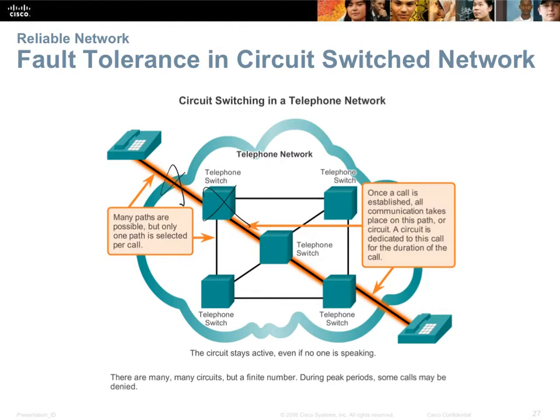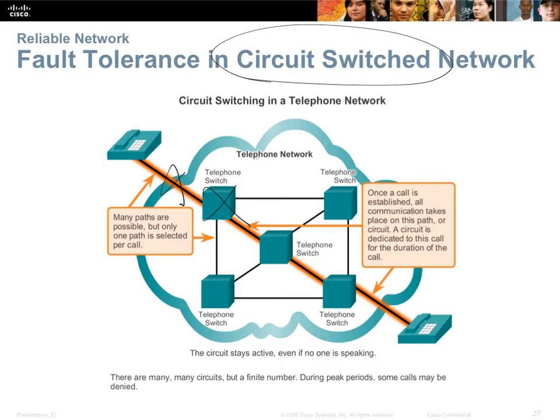So there are two types of communication paradigms that exist in the network. One of them is what we call circuit switched networks. By circuit switched networks, we mean that before we exchange information, we need to establish the end-to-end communication. This happens, for example, for landline calls.